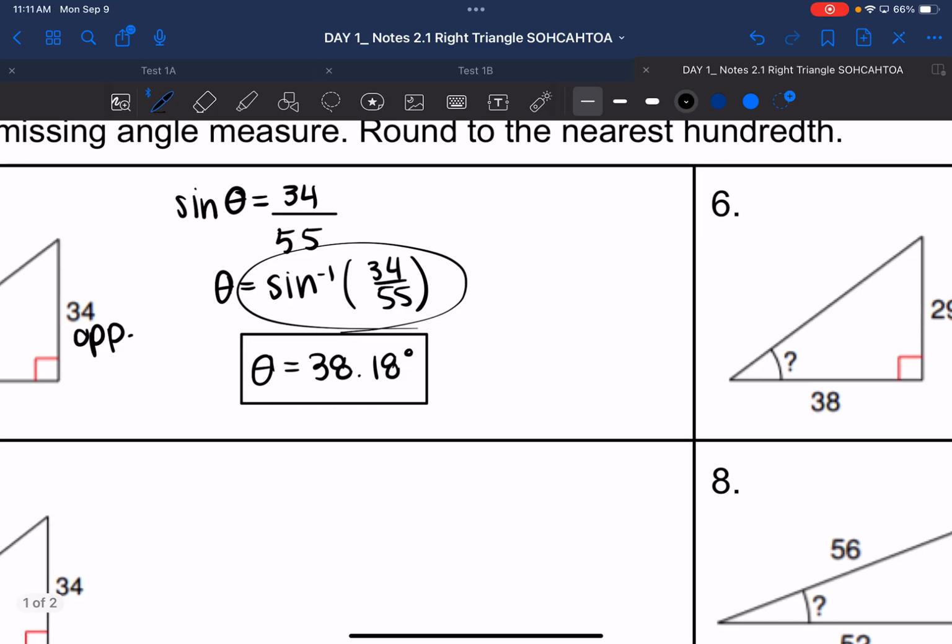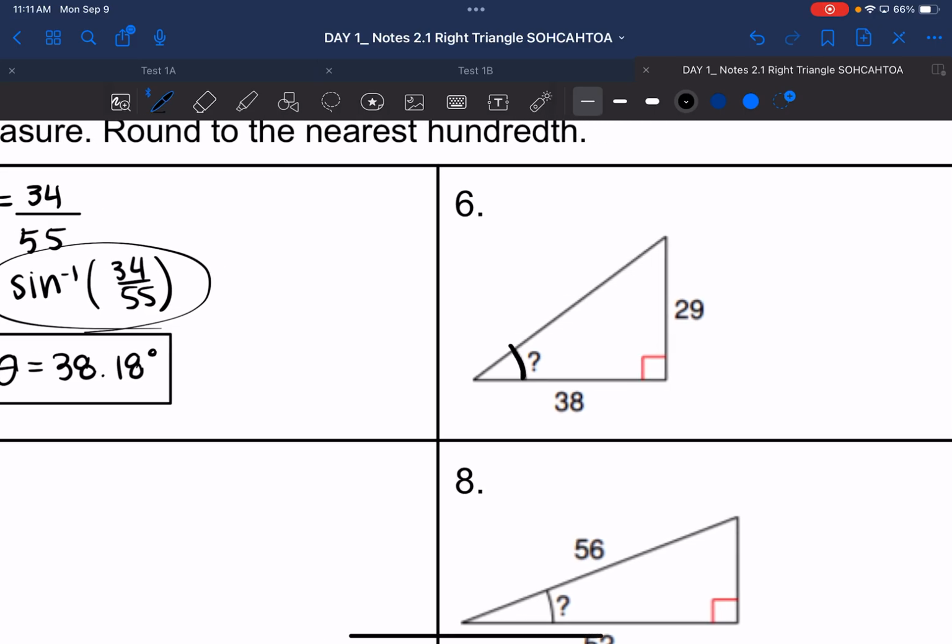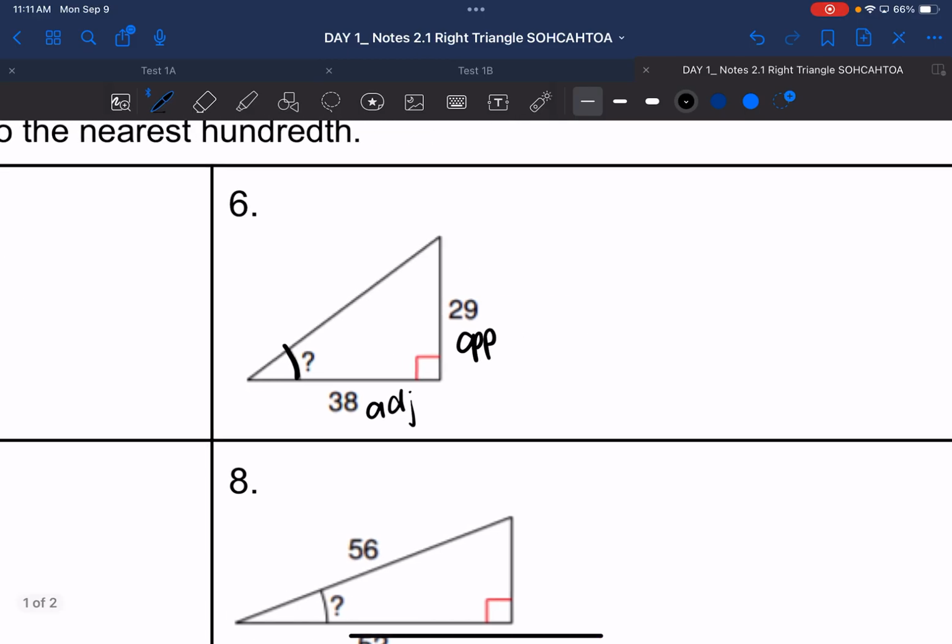All right, let's do number 6 together. On number 6, here's my missing angle. What is 29? What side is that? Opposite. And 38? Adjacent. Very good. So which trig ratio uses opposite and adjacent? Tangent. So I have to use tangent. I'm going to have tangent of theta is equal to opposite, 29, over adjacent, 38.